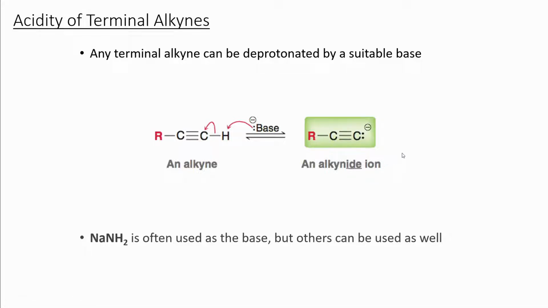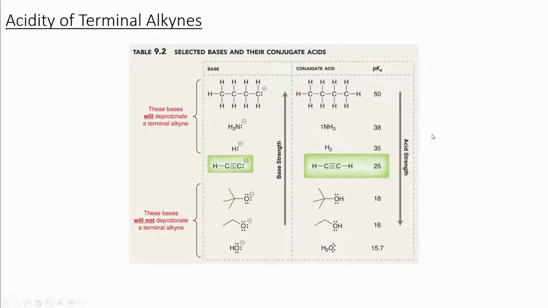This is the second example of a carbon with a negative charge that we've generated so far in this class. This means that we have access to nucleophilic carbon. We can compare the pKa table to look at bases that will be strong enough to deprotonate acetylene. Any base that has an acid with a pKa higher than 25 will be suitable.